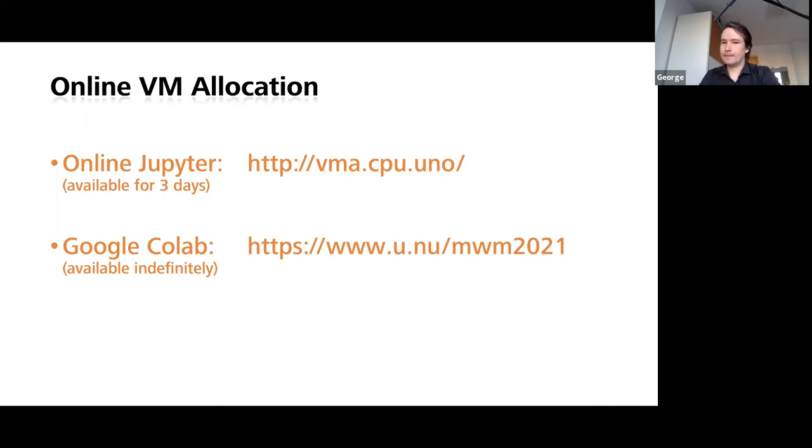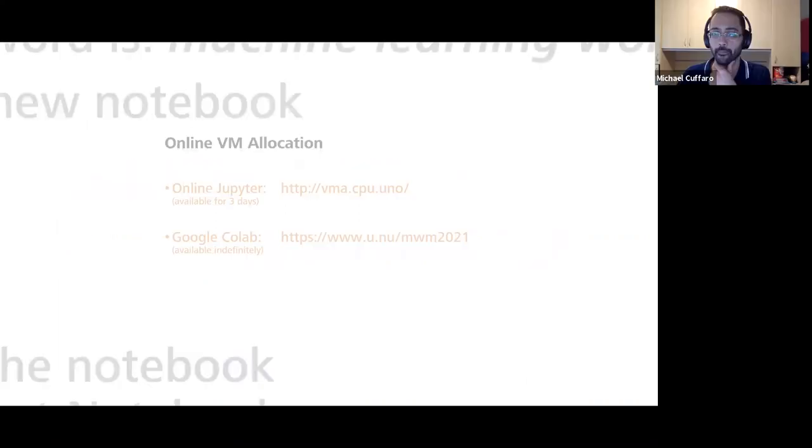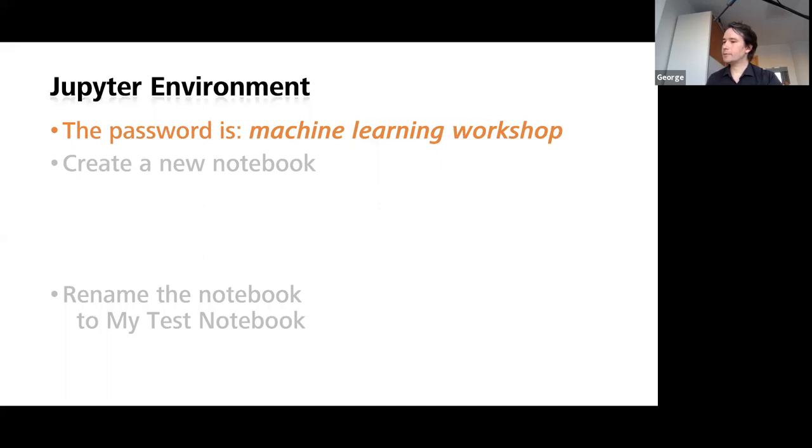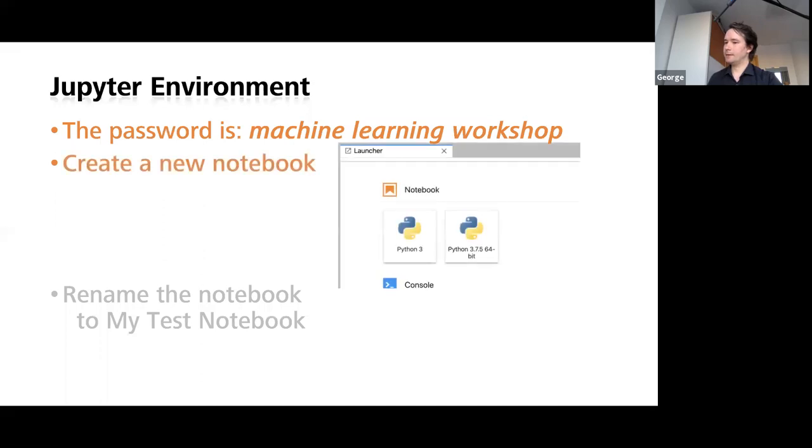Then, is everybody set up with the Jupyter Notebook? The password is Machine Learning Workshop. If you go there, you'll see a part of the screen is going to be like this.